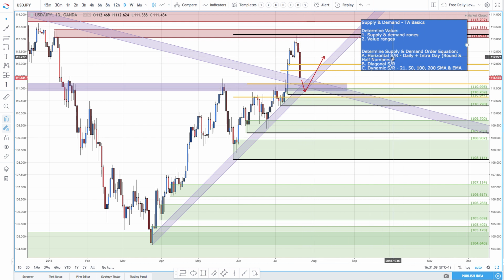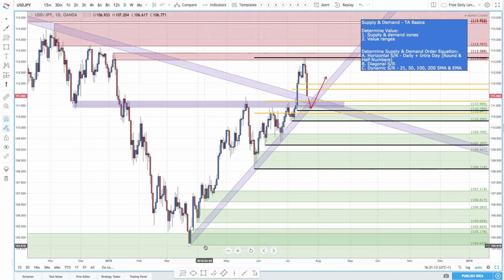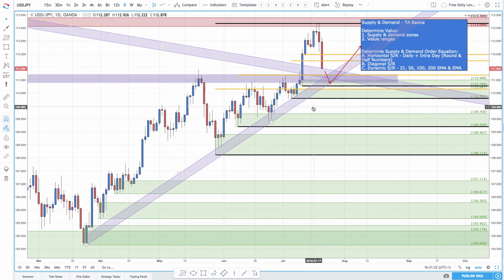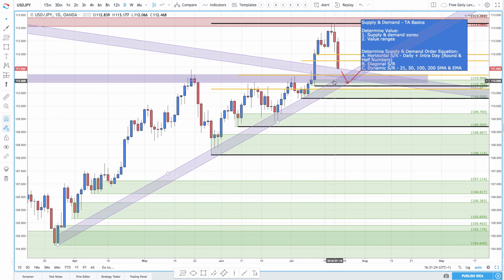We also have diagonal support and resistance here. So from a long-term trend line perspective, if you're looking to be a buyer at this level, we have some potential trend line traders, looking to zoom in a little bit, who are looking at this obvious level.